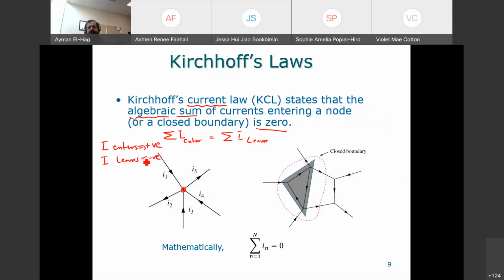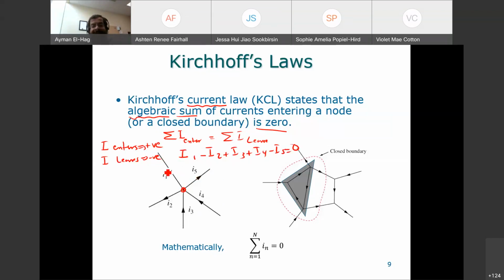This is my convention. Or you can do it the other way around. It doesn't really matter. So we have here current enters I1, I2 leaves minus I2, I3 enters plus I3, I4 enters plus I4, I5 leaves minus I5 equal to 0. So this is one way of looking into it.